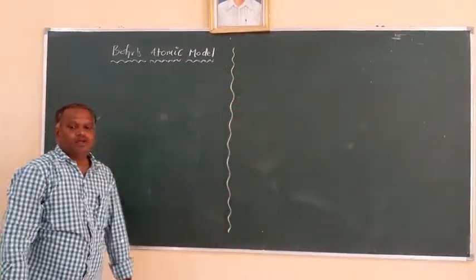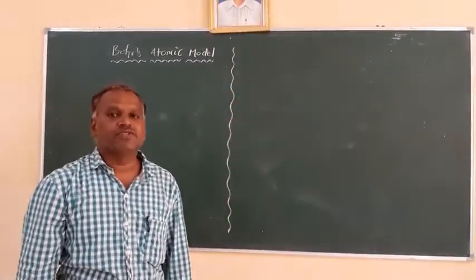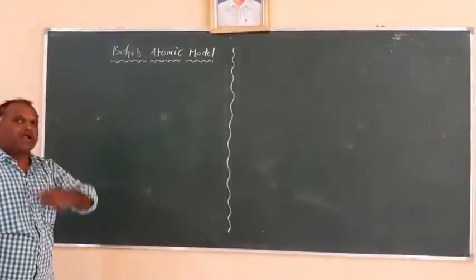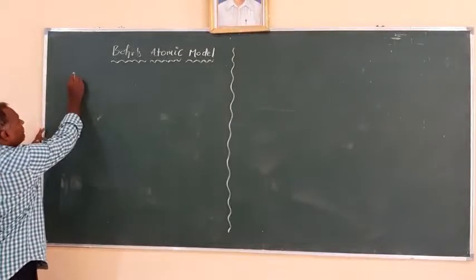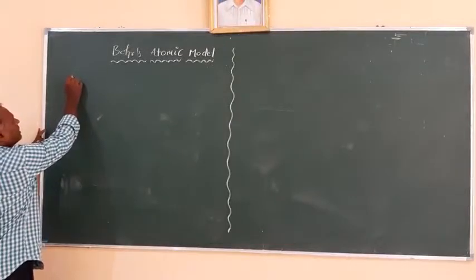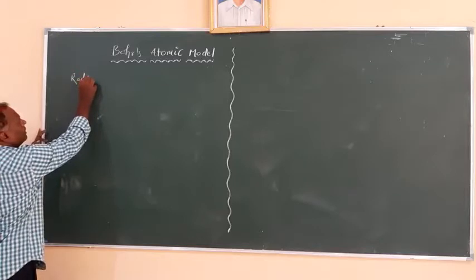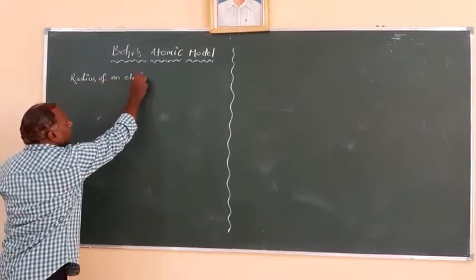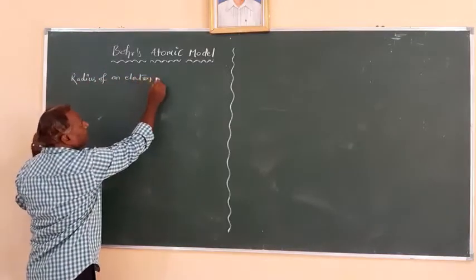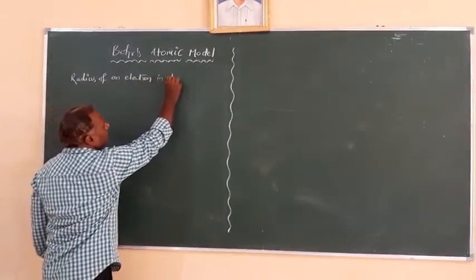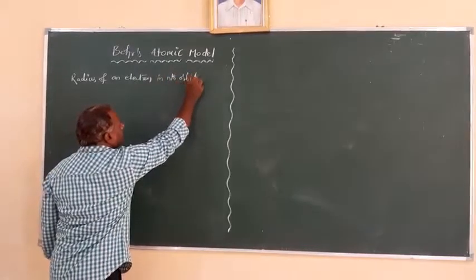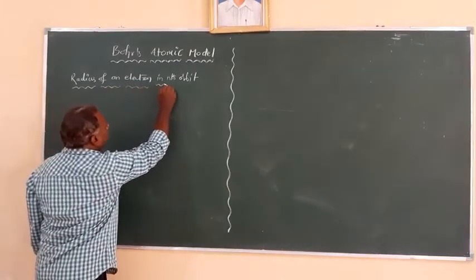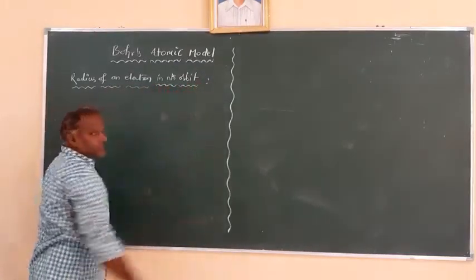Now we can go for equations. What is the equation for the radius of an electron revolving in the nth orbit for any atom? Here is the equation of radius, that is, the radius of an electron revolving in the nth orbit.